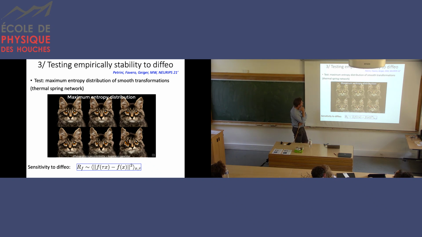And so what we did is to generate a set of random diffeomorphisms. The way we do it, for a physicist, you can think of it like that. You just take every pixel to be a node, and you put little springs connected to nearby pixels, and then you put temperature.